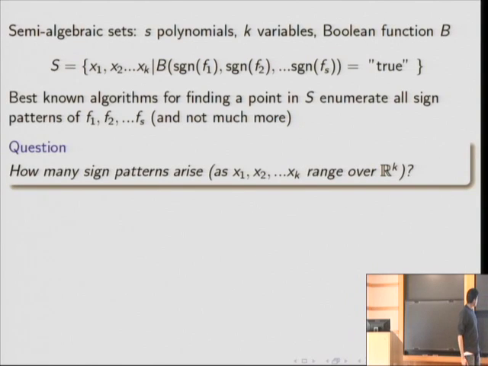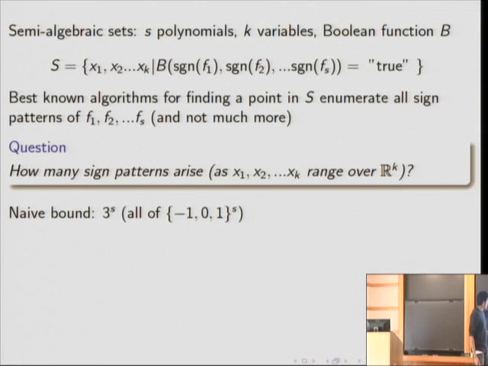But now we have this question, which is easy to state, but it turns out that the answer is quite deep: how many sign patterns can arise as we range x1 to xk over all of space? In fact, the naive bound is exponential in s. I'll take the sign function to output -1, 0, or 1, and then the naive bound is like 3 to the s.